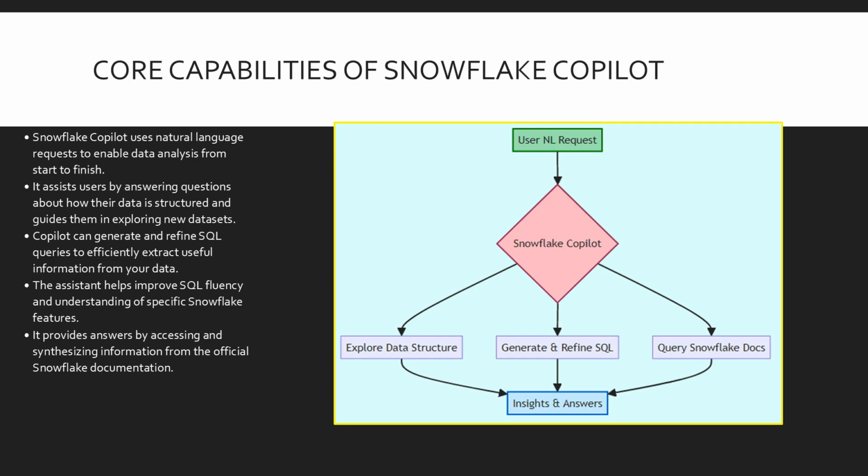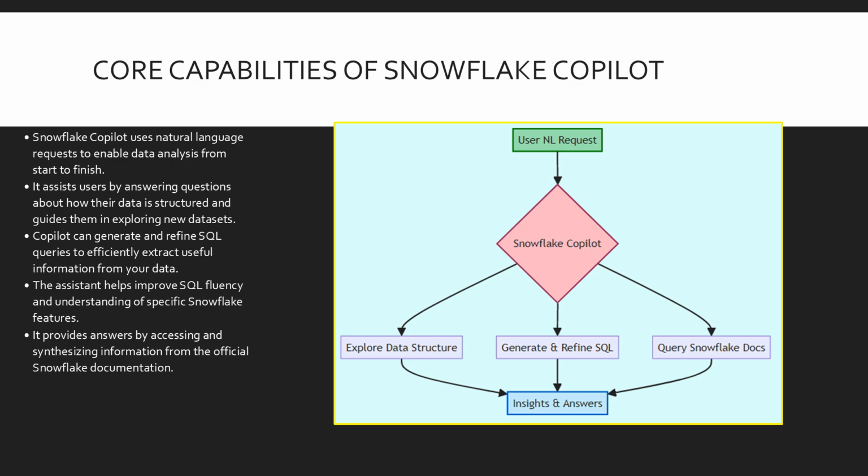Snowflake Copilot fundamentally changes how you interact with your data by utilizing natural language requests to enable data analysis from the very beginning stages right through to the end results. This advanced AI tool functions as an essential guidance assistant, particularly helping users to quickly answer key questions about how their data is properly structured and meticulously guiding them through the critical initial exploration phase of any new dataset they encounter.